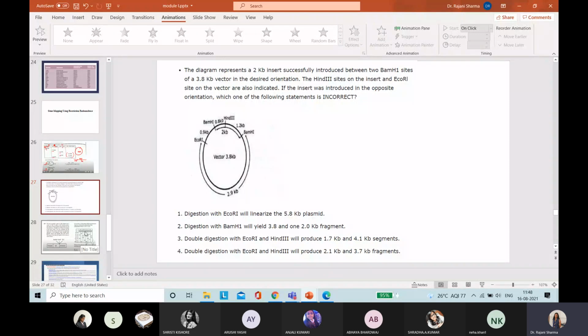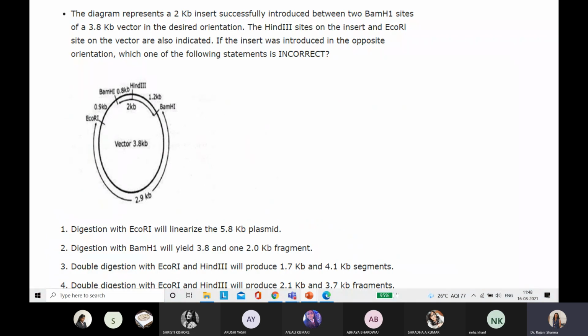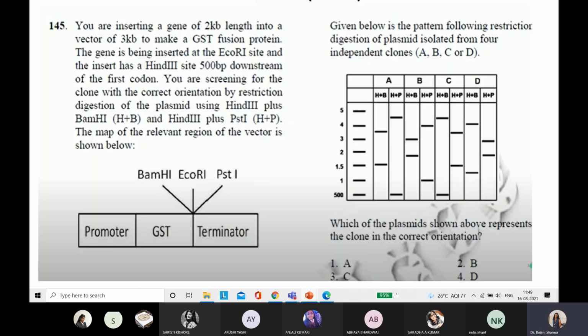Now 2 more questions are there. You take the screenshot of this question. This will be your homework. Taken? I hope all of you have taken the screenshot.